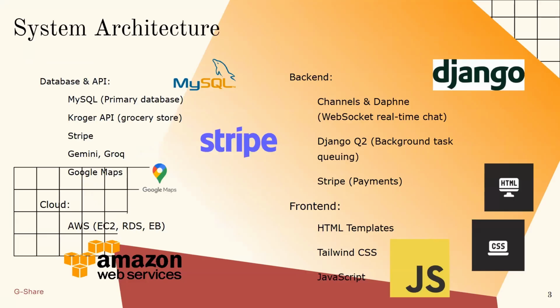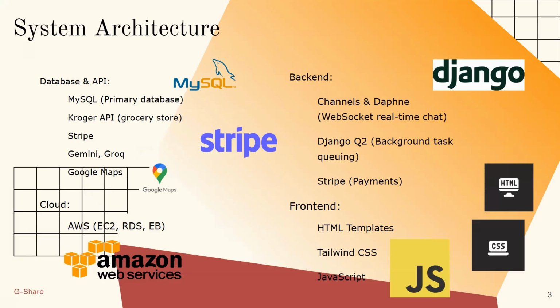For the APIs, we can use AI to have voice orders to add the items to our cart. And we can also use AI to check our receipts and summarize them.